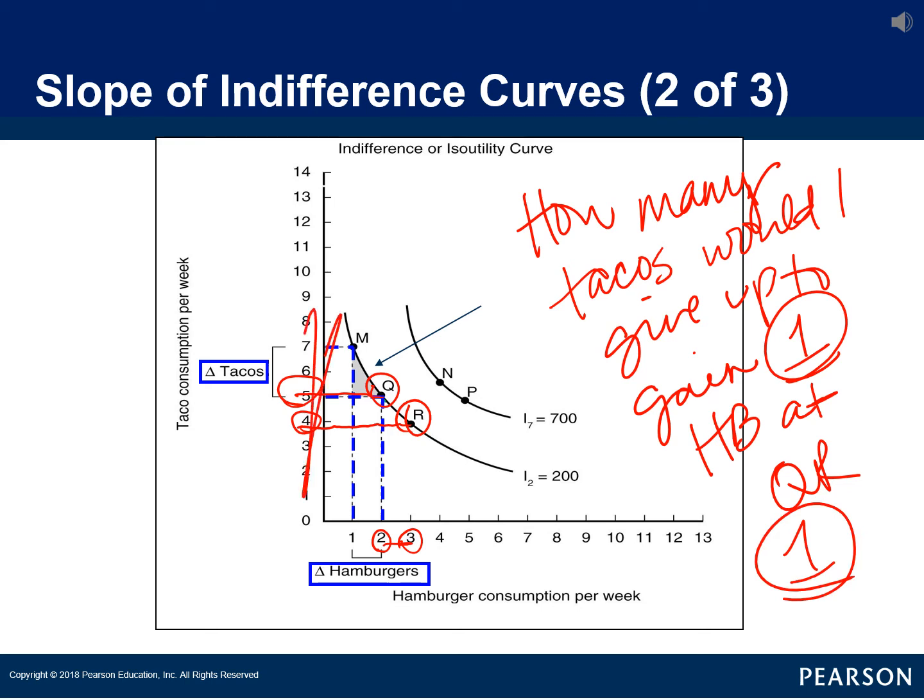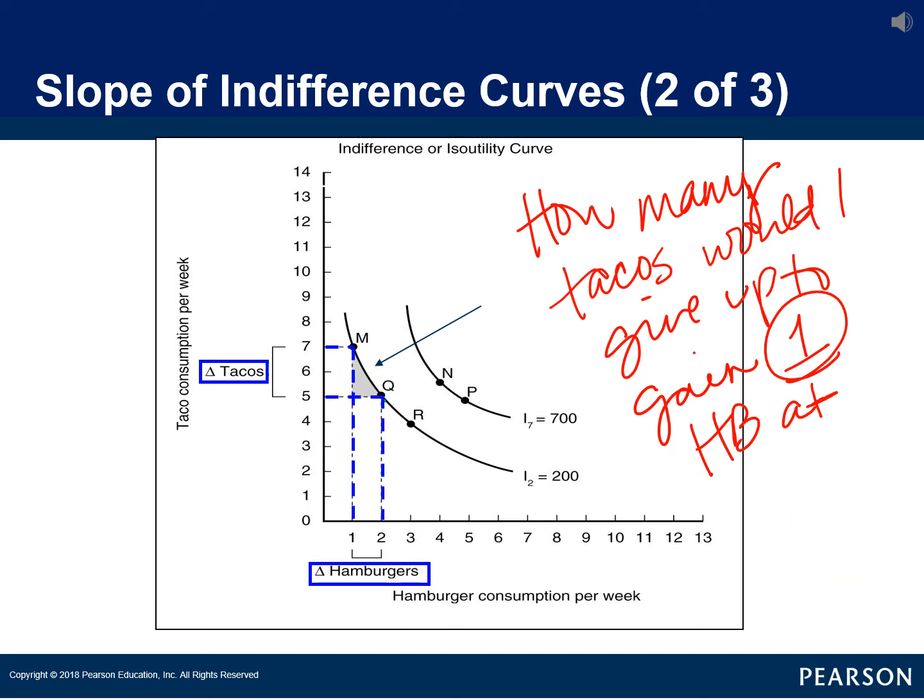Now if we went vice versa, let's just say, I don't want to get rid of all of that, just this and this. Let's say how many hamburgers would I have to give up to gain 1 taco at QR?